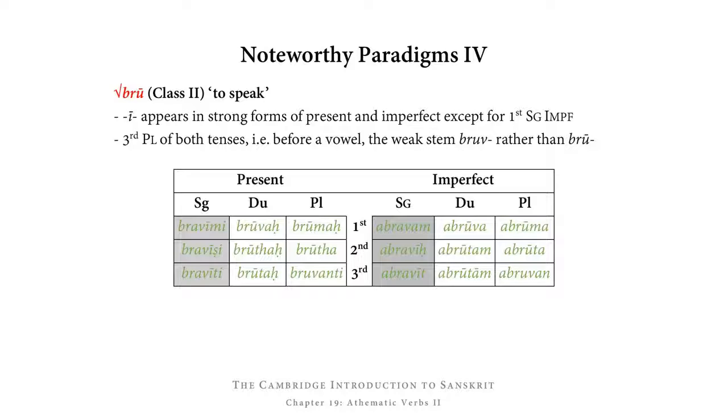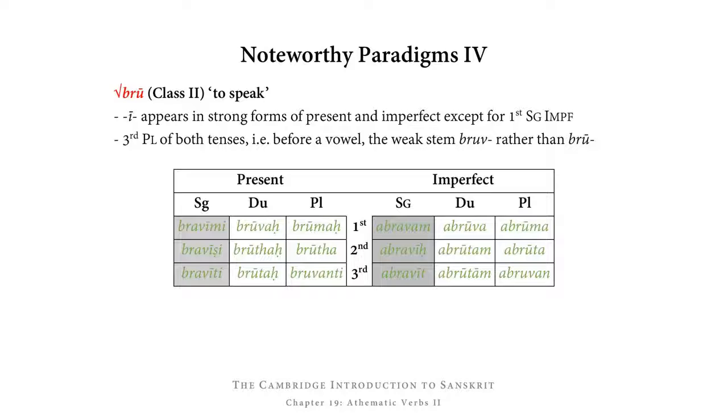So we have bravīmi, bravīṣi, bravīti. Now brav is the pre-vocalic form of bro, which would be the strong, the guna form of brū. And in front of a vowel, bro appears as brav, so bravīmi, bravīṣi, bravīti. In the imperfect, abravam, abravīḥ, abravīt.